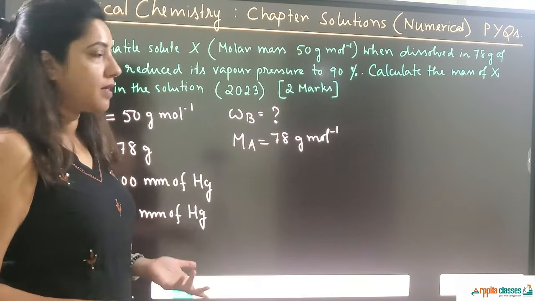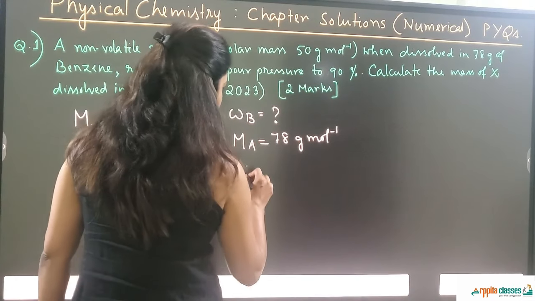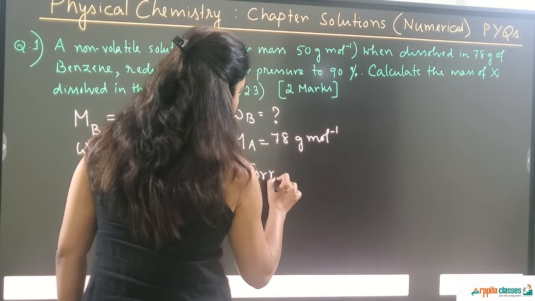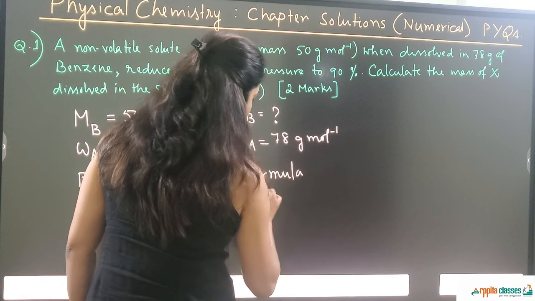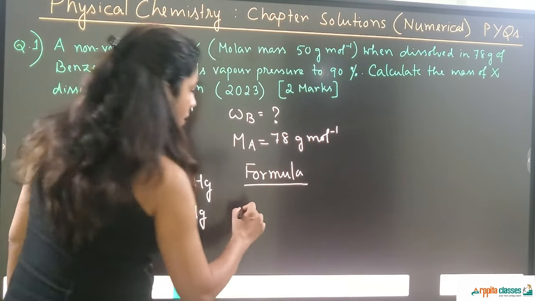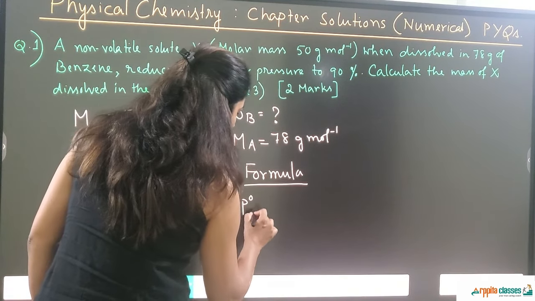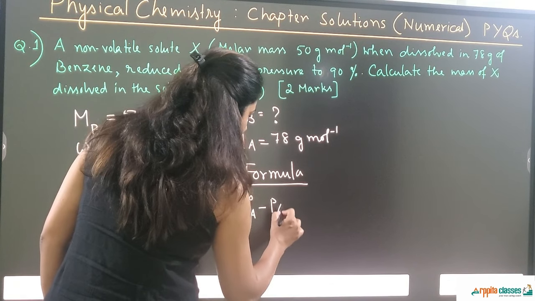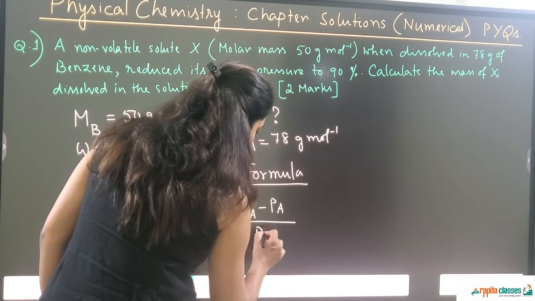Now we have written all the information given. Now we are going to write down the formula. The formula is P0A minus PA upon P0A.